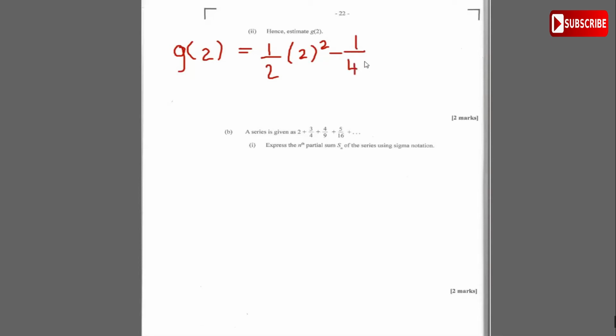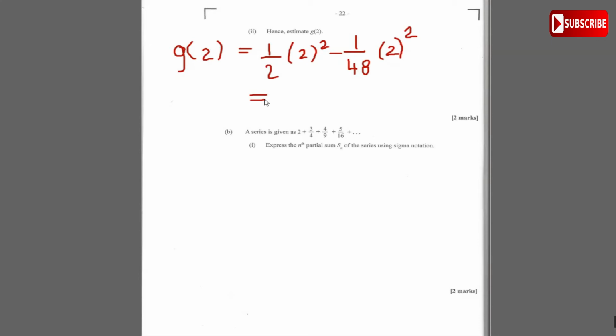This is using our approximated formula. So going right along, g of 2 is equal to a half 2 squared minus 1 over 48 times 2 to the 4th.